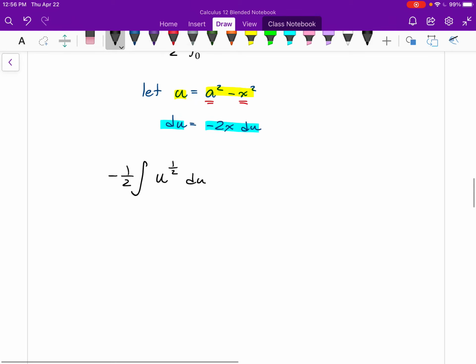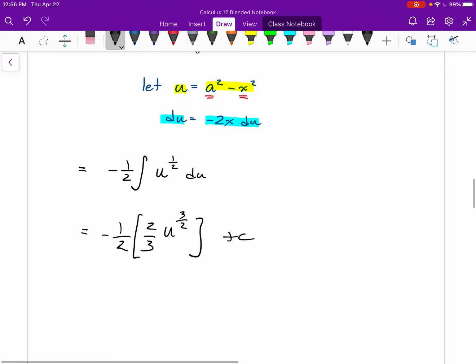All right, so using my power rule now, I have u to the 3/2 divided by 3/2, which is the same as multiplying by 2/3, all plus some constant. And again, that constant in the end is not going to matter because the question was actually asking me to find a definite integral.